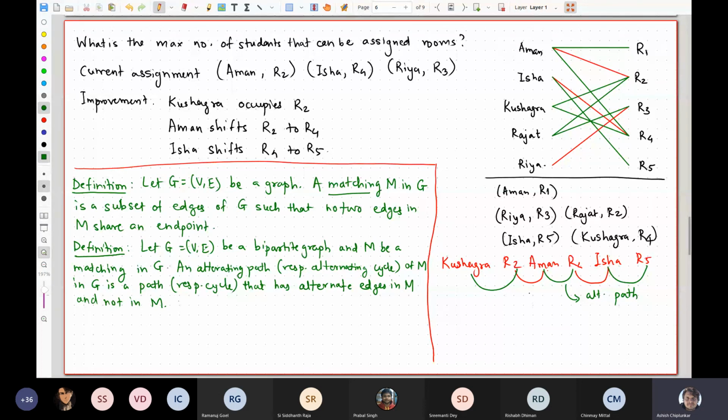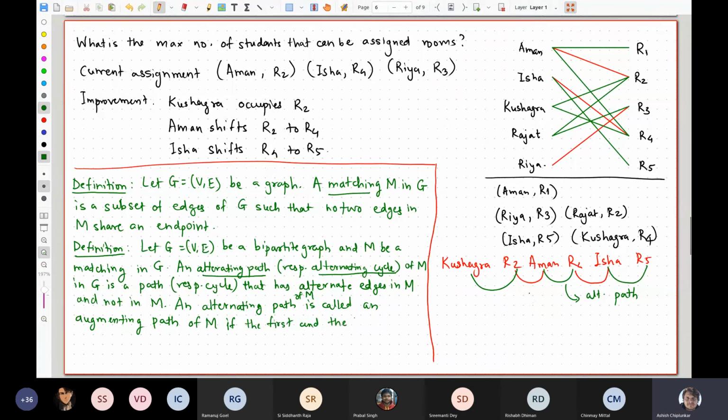Importantly, an alternating path of M is called an augmenting path of M if the first and the last edges of this path are not in M. What are we saying?